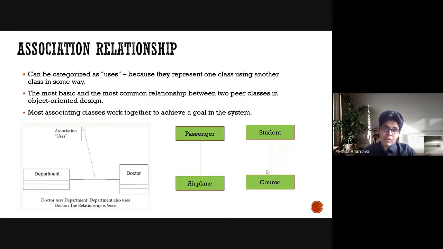We'll look at multiple examples also, and that will hopefully make all of you clear about the basic building blocks of object-oriented design. Then we will look at multiple class diagrams and how to create class diagrams and take forward our understanding of object-oriented designing. That is all for today.